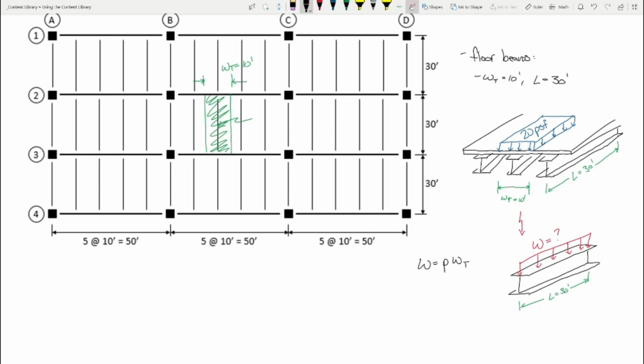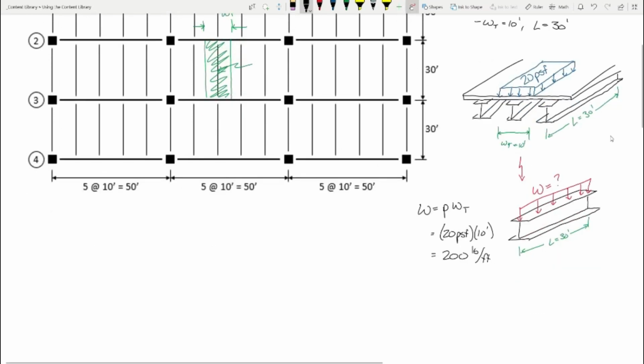is the pressure times the length, or the tributary width, sorry. Exactly. So 20 pounds per square foot times that's 200 pounds per foot. So I propose that we are now dealing with this problem.